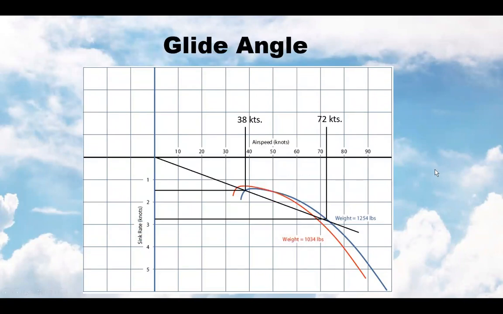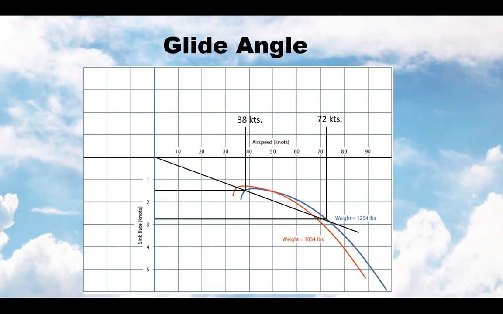Now you can also look at and compute the glide angle. And here's two different speeds. We're flying not at either min sink or max L over D. We're actually slower than min sink in one case and much faster in the other.